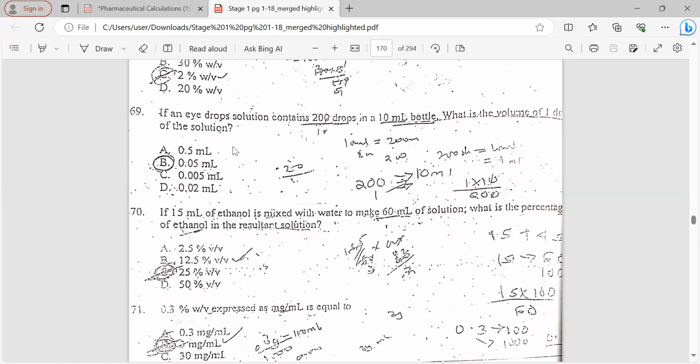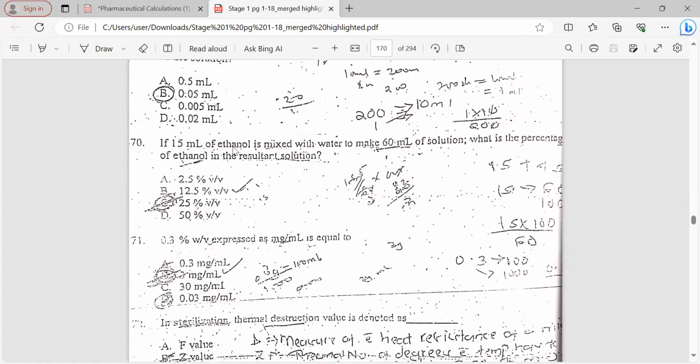So we take 15 over 60 times 100 to get the percentage. So we get 25%.